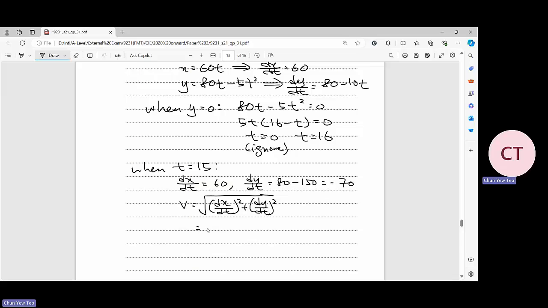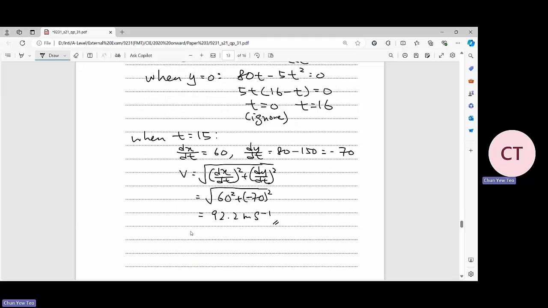So you just use your calculator, 60 squared plus negative 70 squared. Over here, we are not able to give the answer in an exact value form, so we just give the answer as 92.2 meters per second, to 3 significant figures.